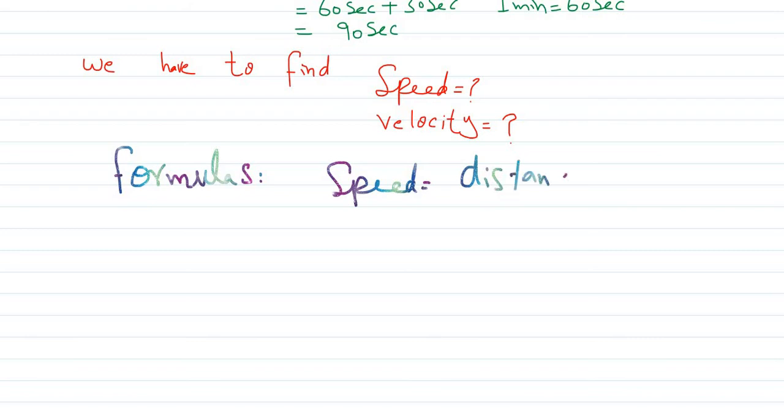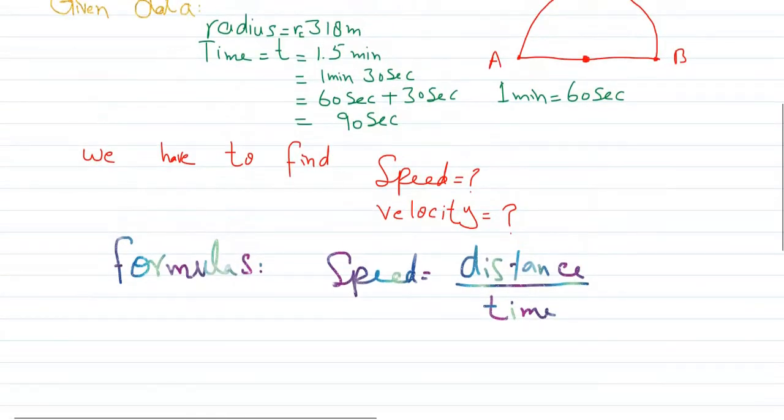Distance covered in unit time is called speed, but here you can see we do not know what the distance is. We only know the radius and time, but we can find the distance here.